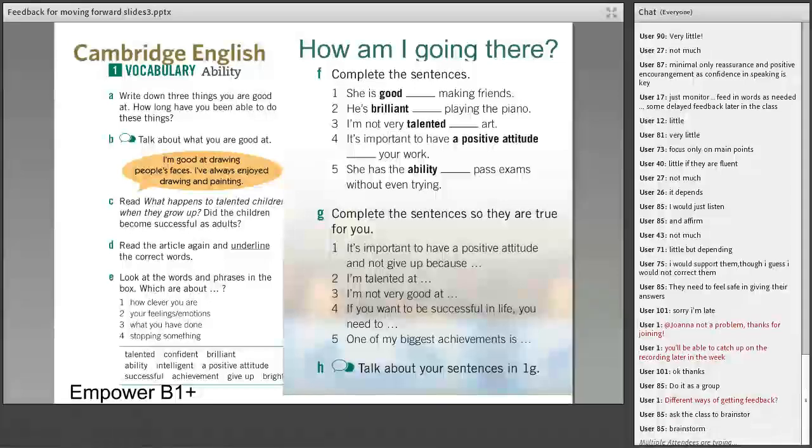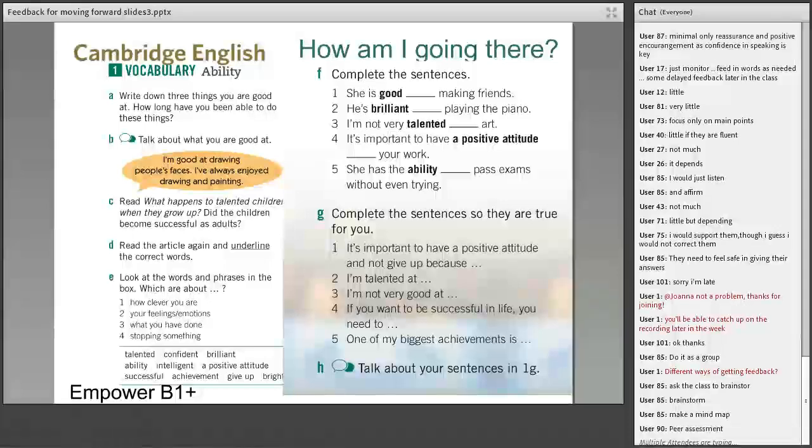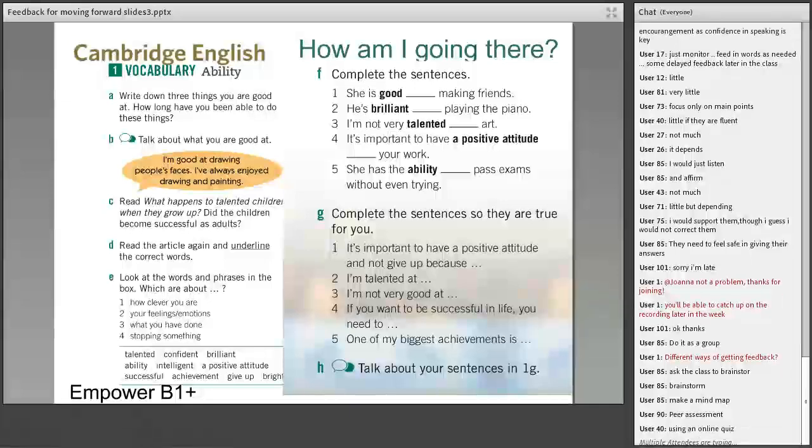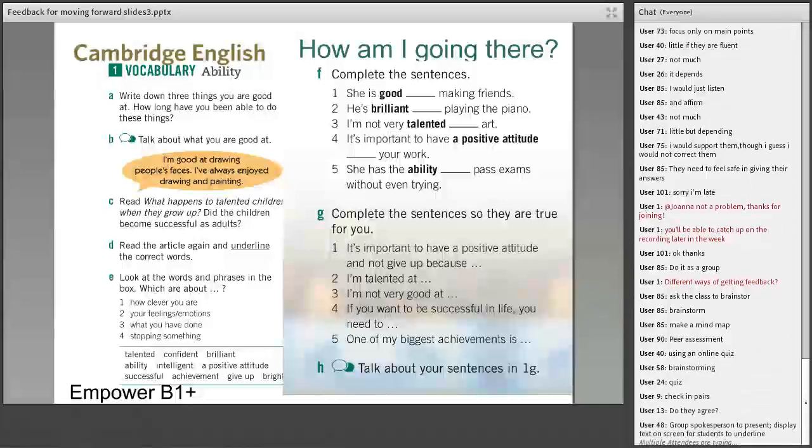And it could be for any of these activities. We're talking quite generally. Okay. All right, we've got some ideas coming now.